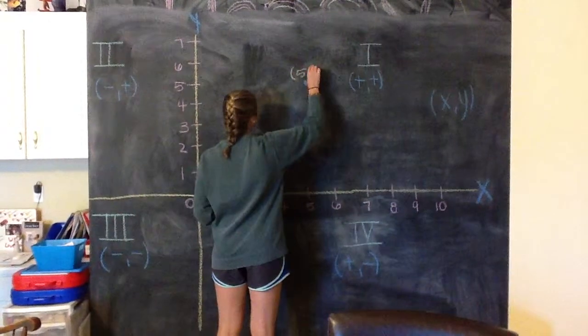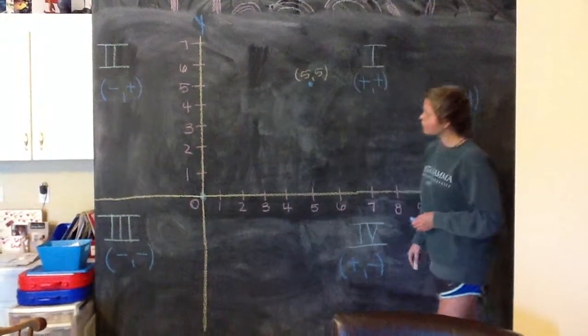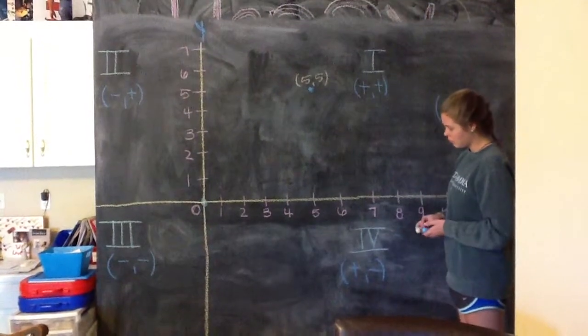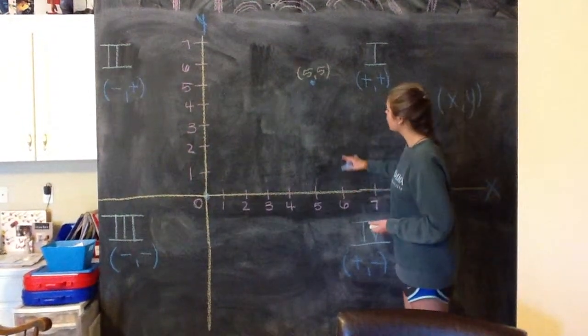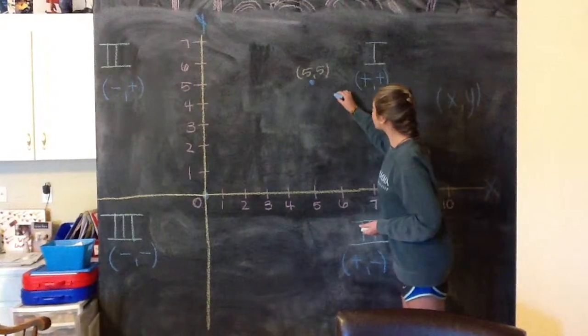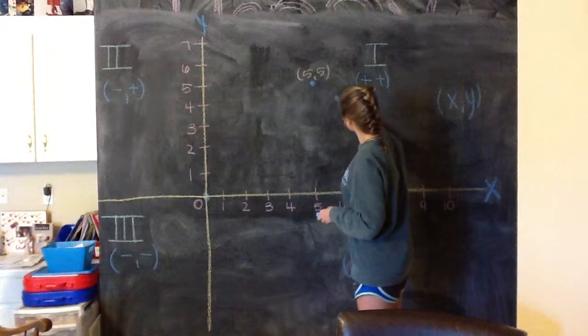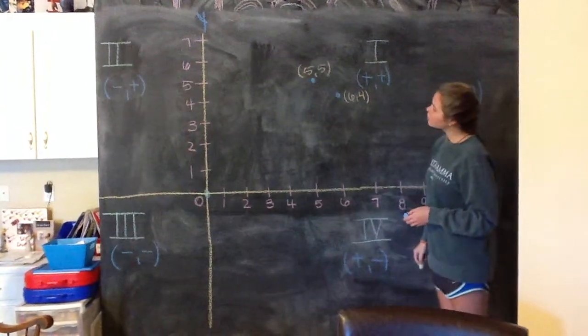Notice she writes 5, 5 with parentheses around them. Those are coordinate pairs. Peyton, would you find us 6, 4? Again, she follows the x-axis first, and then the y. She finds where they meet on the grid, and then she lists the coordinate pairs.